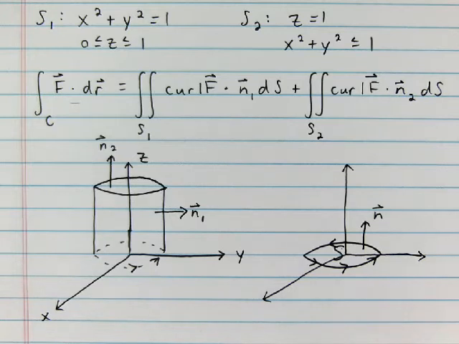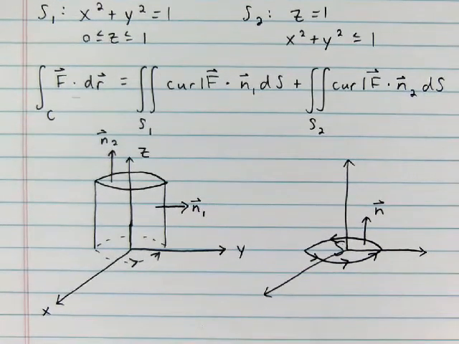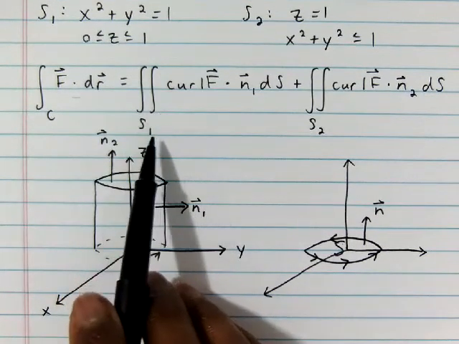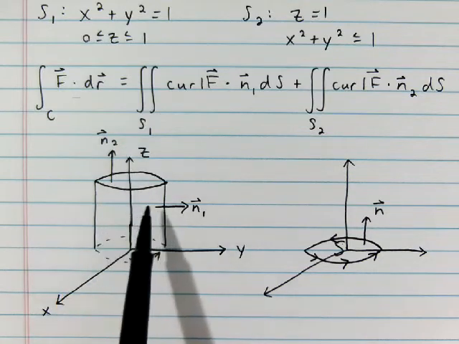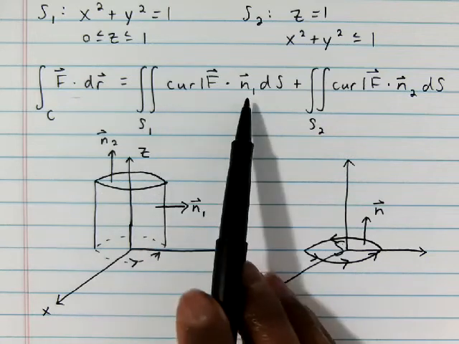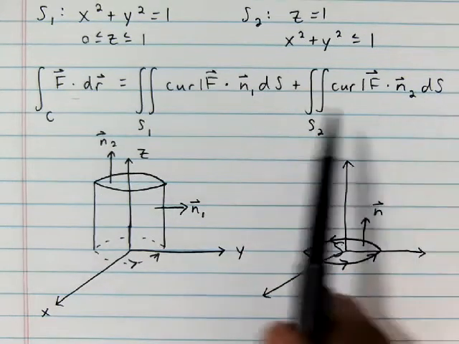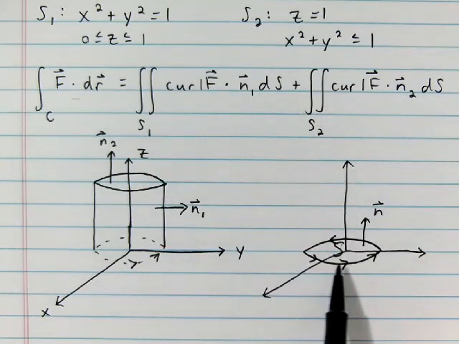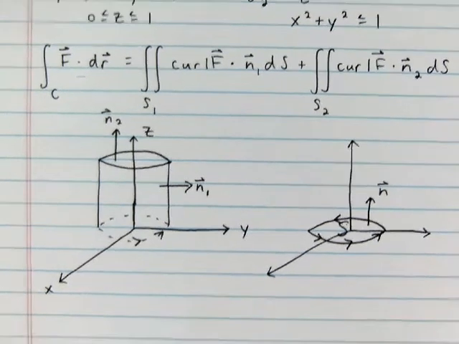So our problem now has been reduced from parameterizing the cylinder, parameterizing that plane, setting this up and evaluating, and adding, to parameterizing that plane right there, which is very easy, finding that normal vector, and then setting up our integral.